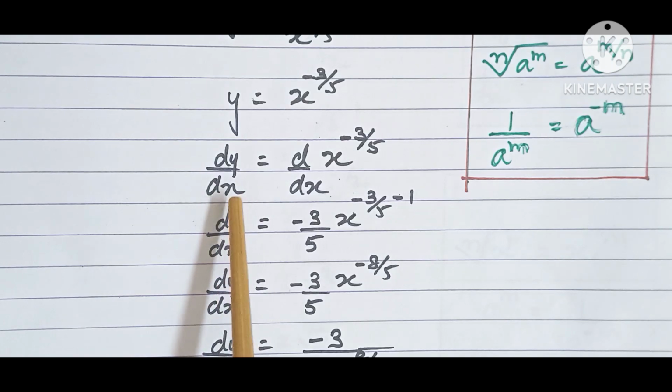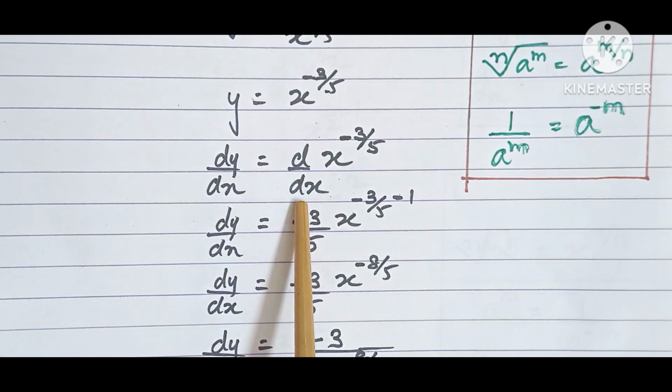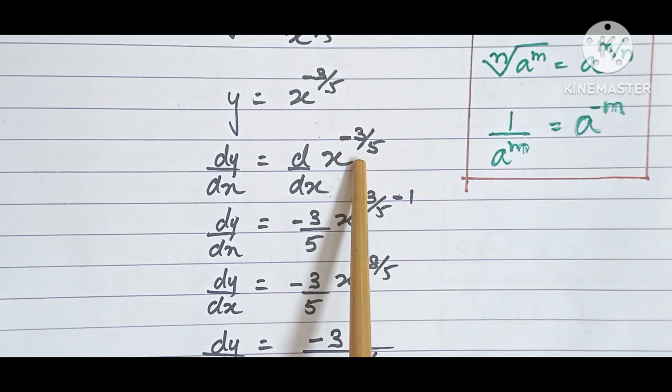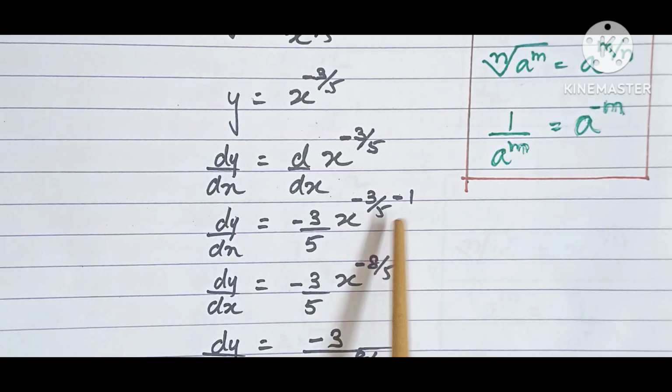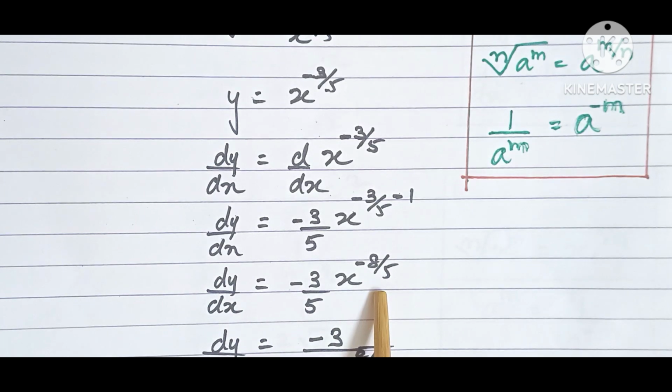So, differentiating on both sides, dy by dx is equal to d by dx of x raised to minus 3 by 5. Therefore, dy by dx is equal to minus 3 by 5 x raised to minus 3 by 5 minus 1. Therefore, dy by dx is equal to minus 3 by 5 x raised to minus 8 by 5.